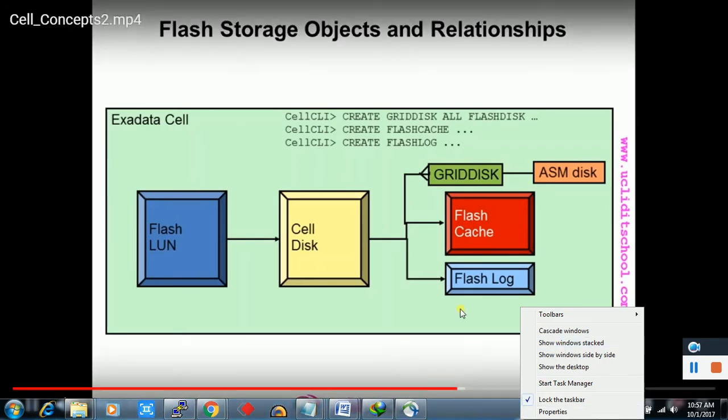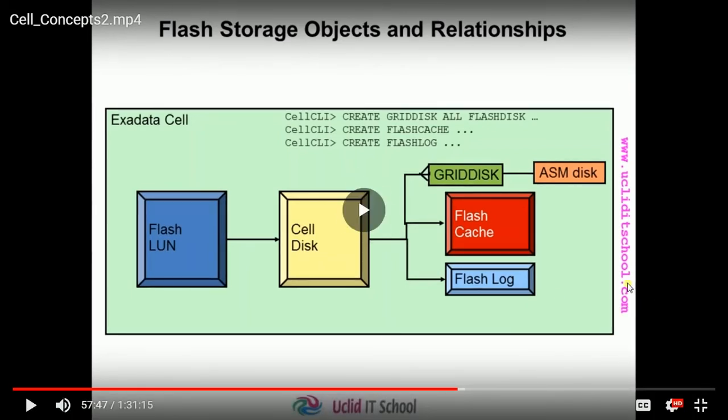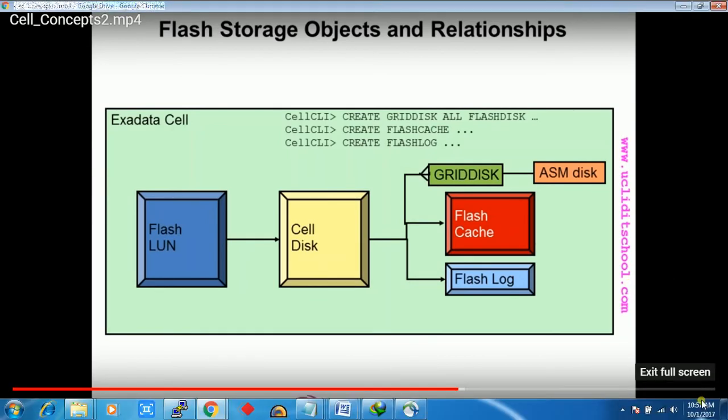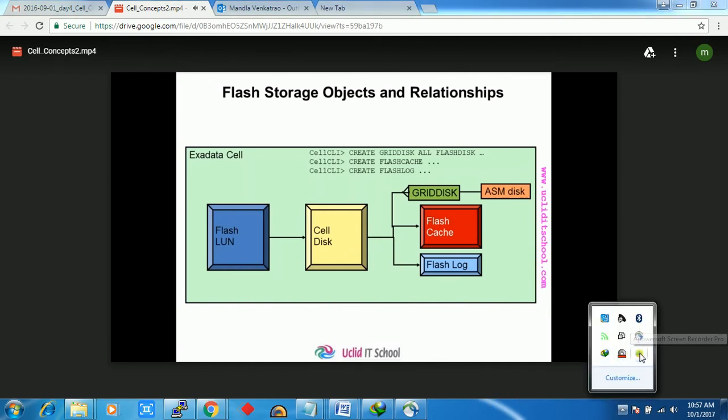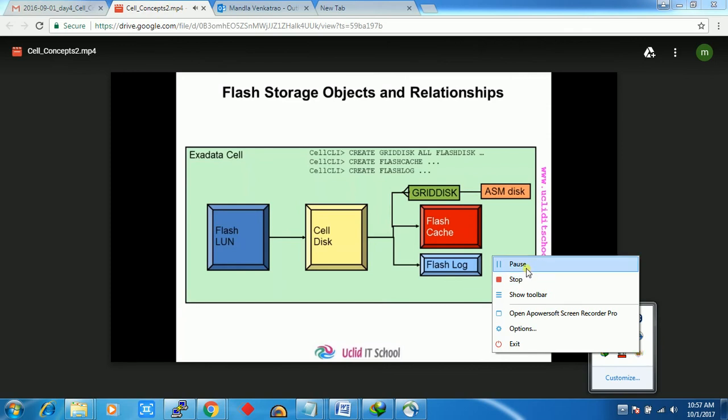Nowadays the other storage servers are also implementing similar features. Like flash cache is present in many storage servers nowadays. But the way that flash cache works is very different from the way Exadata flash cache works.